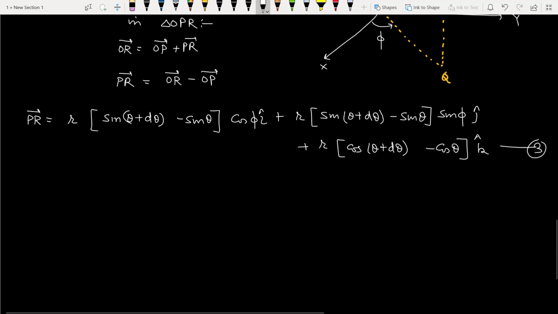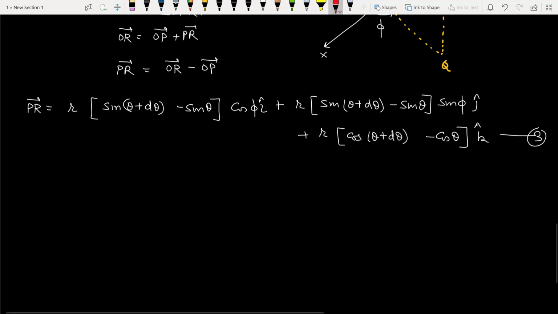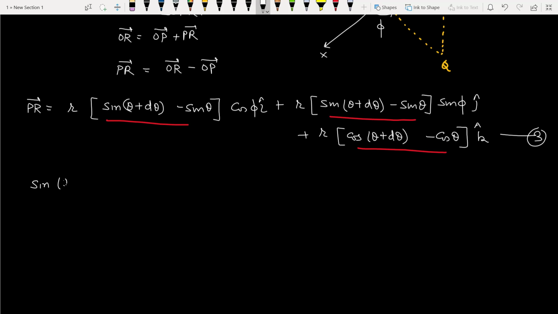So now we have to solve these three terms using simple trigonometric relations. So we start with sin theta plus d theta minus sin theta. Here we apply the formula, sin A cos B plus cos A sin B, minus sin theta term.